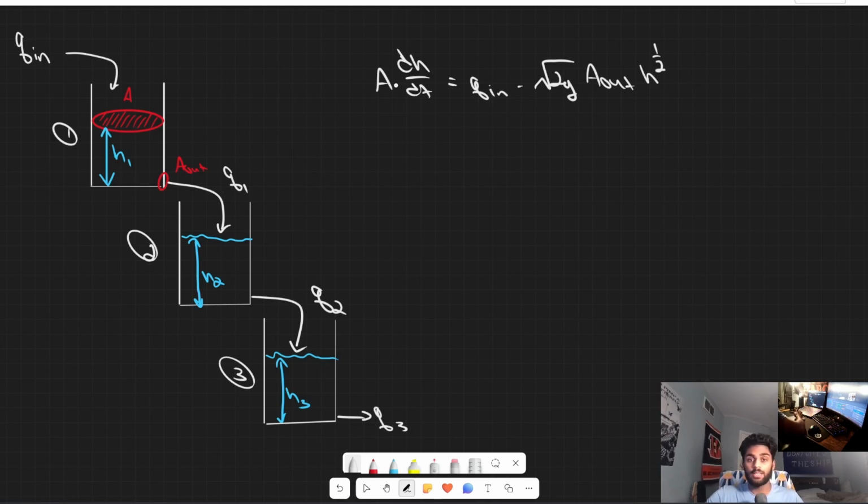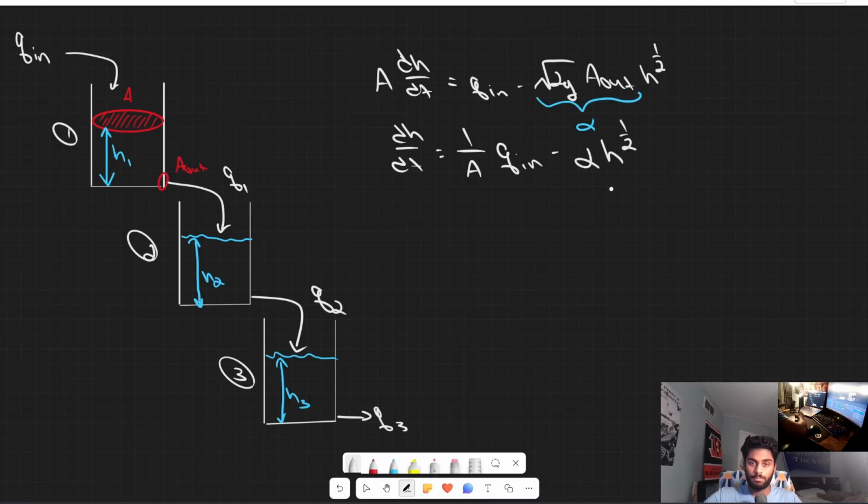The first step is to isolate our dH/dt term. So 1 over A times our Q in minus, just to make things simpler, these are a set of constants that I'm going to define as alpha. So minus alpha h to the 1/2.